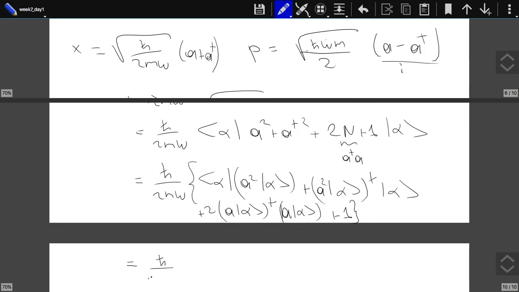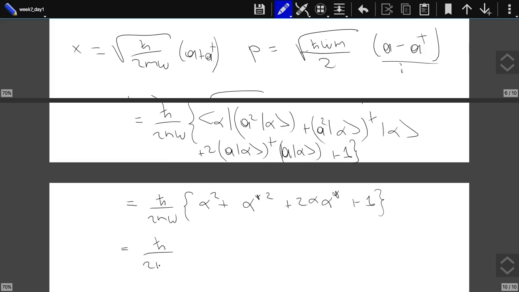And so this is equal to h bar over 2m omega. A squared, a acting on alpha just gives me alpha every time. So the first term is nothing but alpha squared. The second term, the same thing, but I'm taking the dagger, so it's alpha star squared, the complex conjugate of alpha squared. The third term, plus twice alpha alpha star, plus 1.